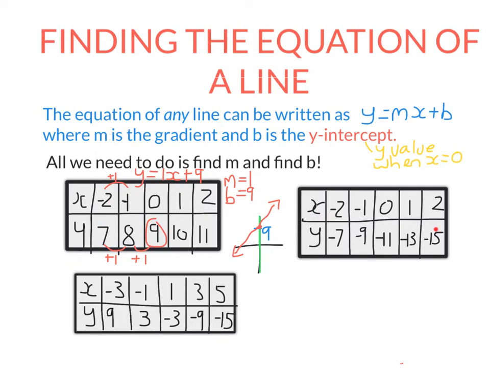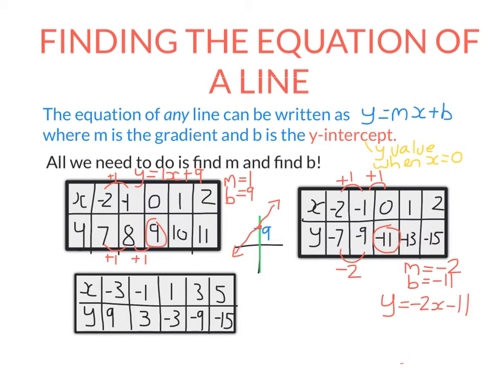So let's look at this table over here. Calculate the gradient and the y-intercept. For the gradient, we know each time x is going up by 1, y is actually going down by 2. So the gradient is negative 2. What is the y-intercept? It's the y value when x equals 0. So it's minus 11. So the equation of this line is y equals mx plus b, minus 2x minus 11.